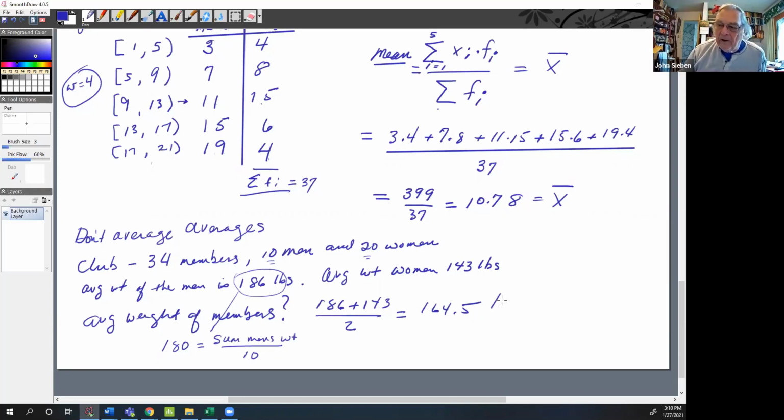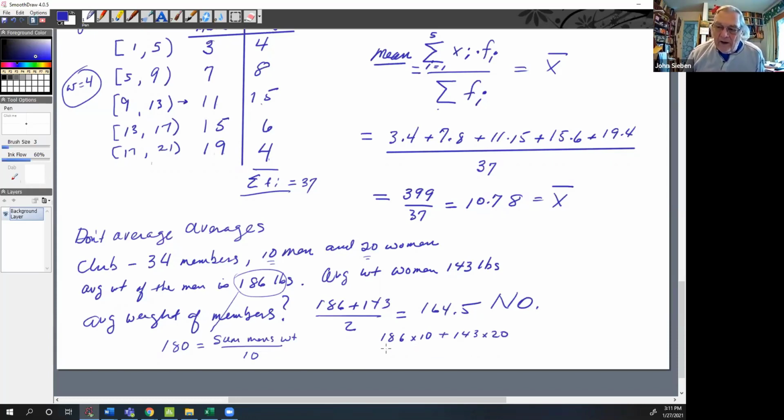So I'm going to write a big no down here. This is averaging averages. You can't do that. But if we take 186 times 10, that would be the sum of the weights of all the men, plus 143 times 20, that would be the sum of the weights of all the women.